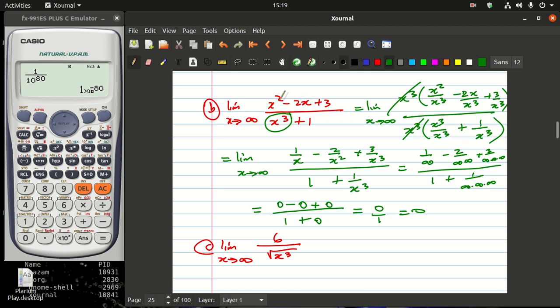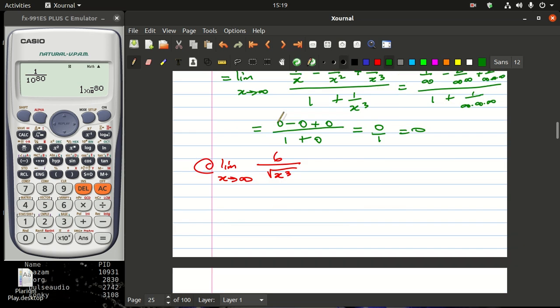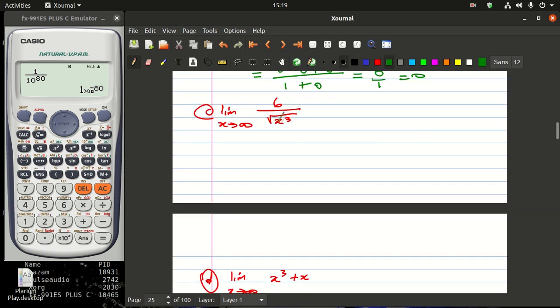But if the power of this is the same as the power of this one, then the limit will be the coefficients of these two powers. In other words, we'll just take the coefficient divided by the coefficient of that, just like we did in the previous example that we had.